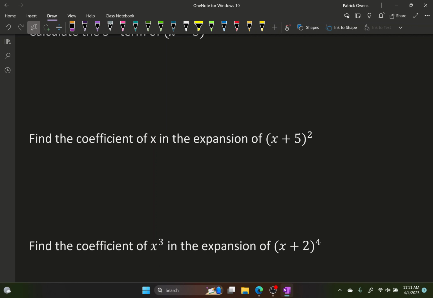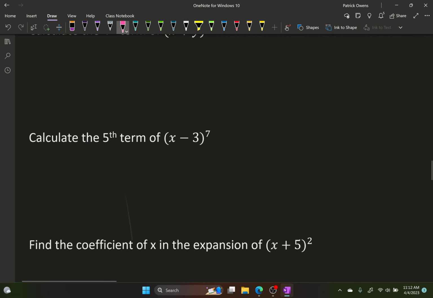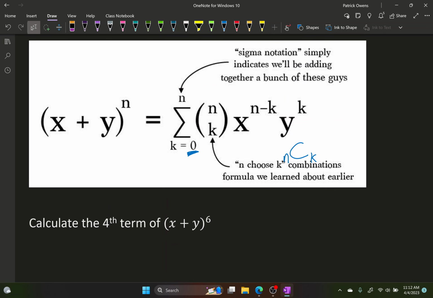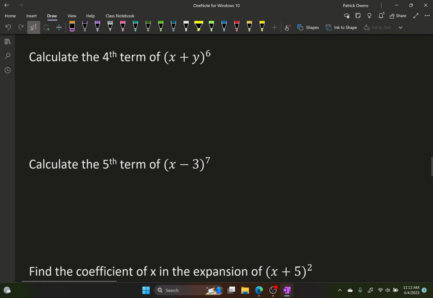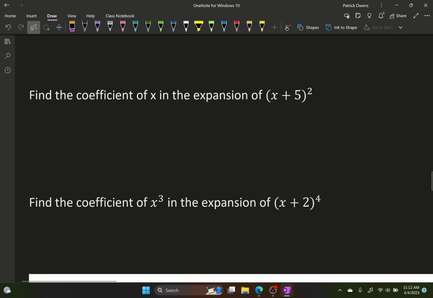So we use the binomial theorem to calculate some individual terms instead of doing the entire expansion. If we do the sigma notation, we have the entire expansion. We don't need that right now. We just need one term.